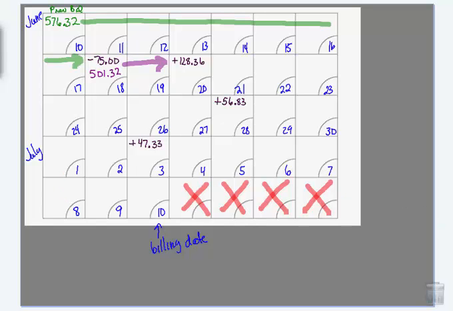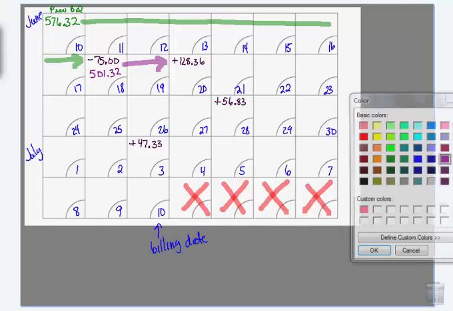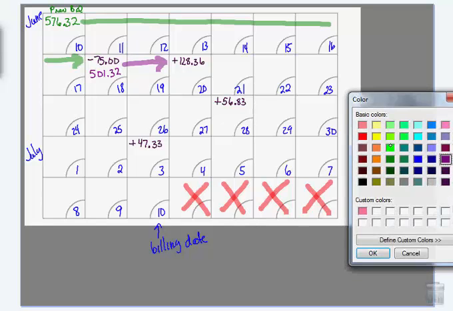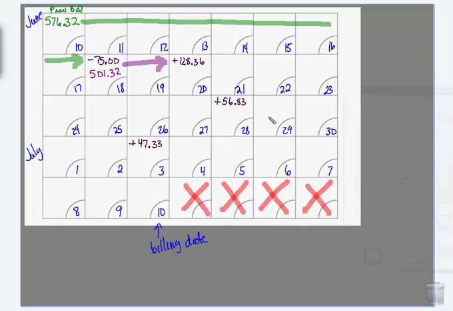And we're 501.32 until this day, when we charged 128.36. And our new balance is now 629.68. And we stay that all the way until here, when we charged 56.83.